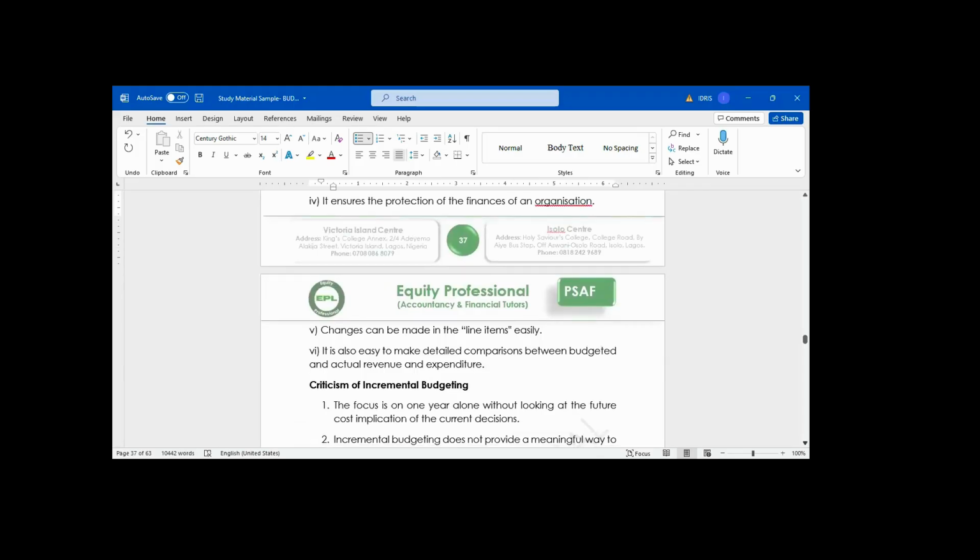Another one is that it is easy to make detailed comparison between budgets and actual revenue and expenditure. It is very easy for us to compare budget amount and actual amount when using incremental budget.